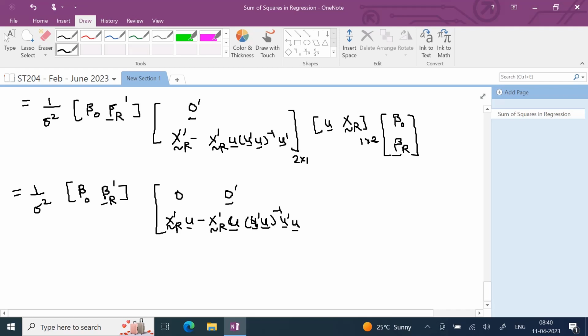Ideally I should not write this 0 here, I should write it somewhere here. So 0 prime. And the last term now becomes xr prime xr minus xr prime u, u prime u whole inverse, u prime, and then xr.